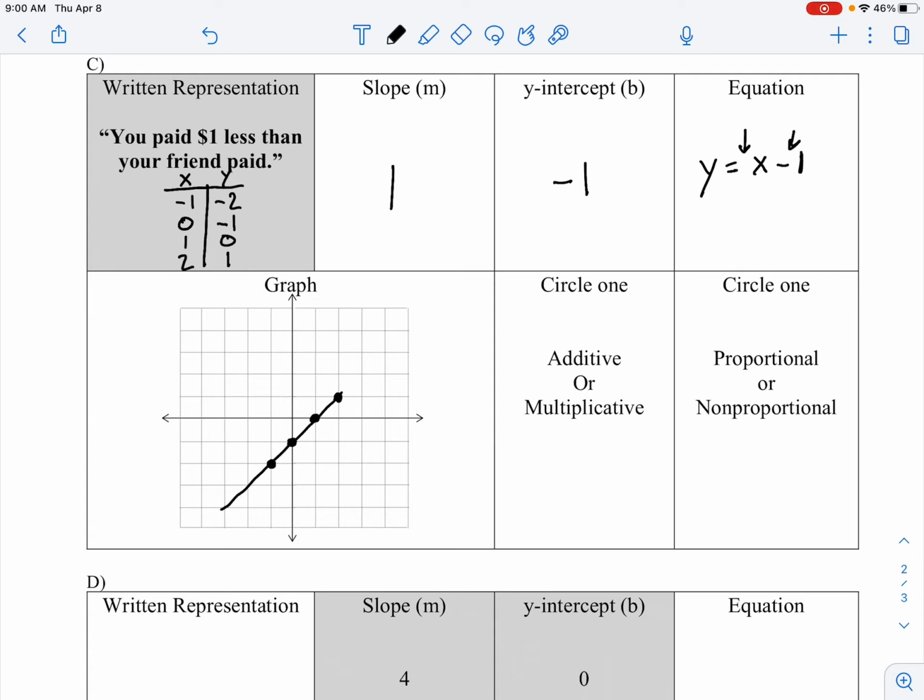Is this additive or multiplicative? Well, once again, we can look at our equation and see that we are subtracting something, which means that it is an additive relationship. And keep in mind that additive relationships are never proportional.